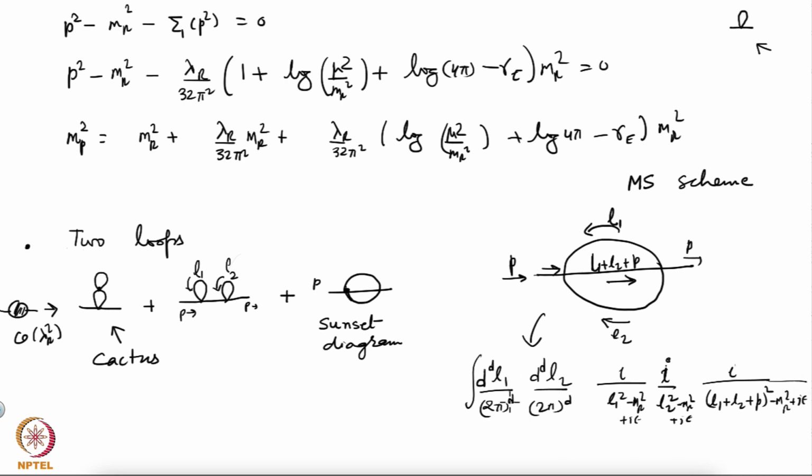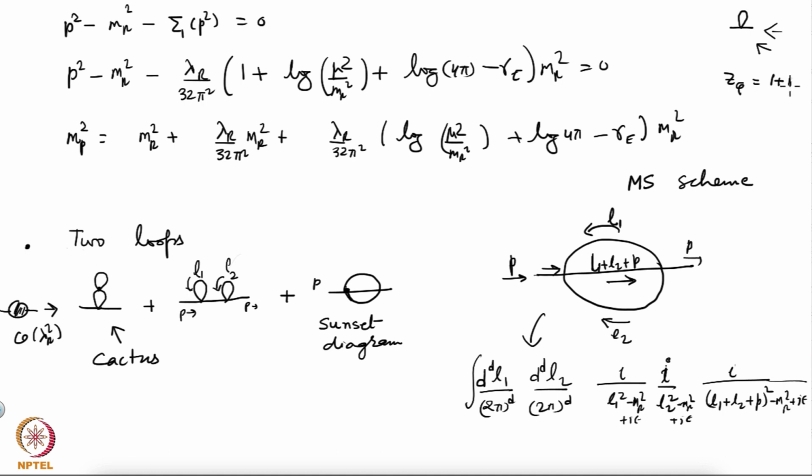So you get a dependence on P square which was absent in this diagram at one loop, which means that Z phi will be non-vanishing when you go to two loops. This is a two loop diagram. Sorry, not Z phi will be not vanishing. Z phi will have a contribution at order lambda r square.